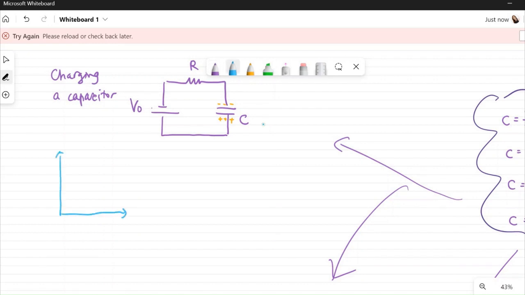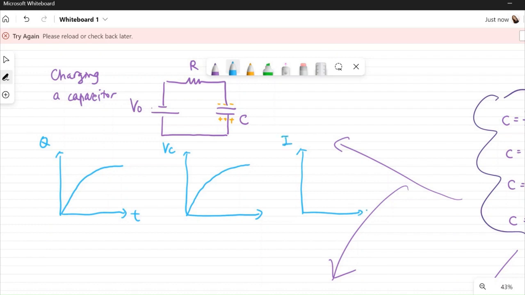When we charge a capacitor, Q versus time. The charge stored in the capacitor will increase exponentially. And the voltage across the capacitor also increases exponentially, right? The current flowing through the circuit will decrease exponentially in this way, right? The maximum value here is Q naught, maximum value here is V naught, maximum value here is I naught.